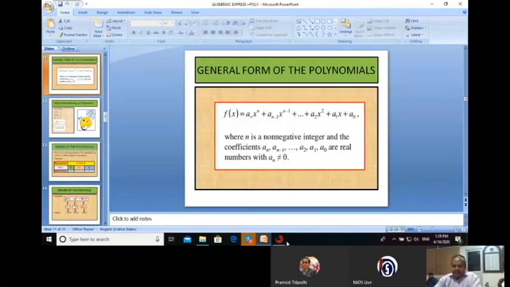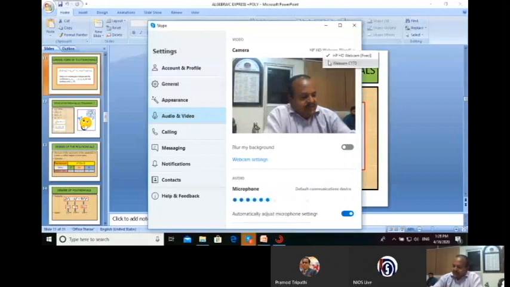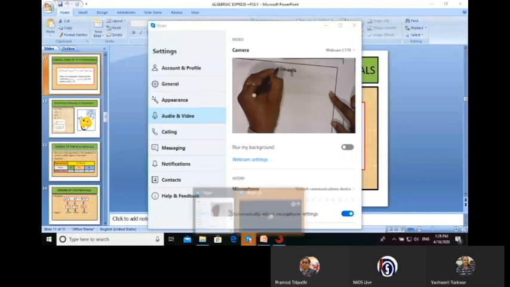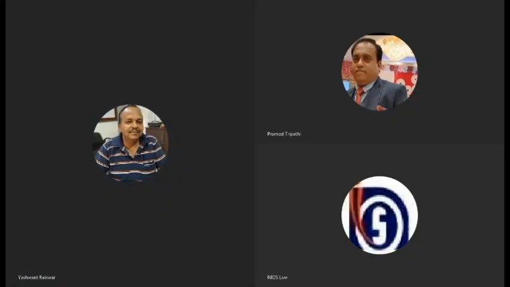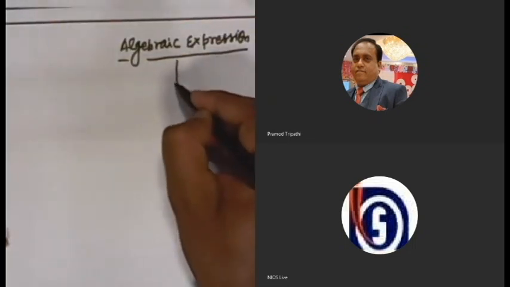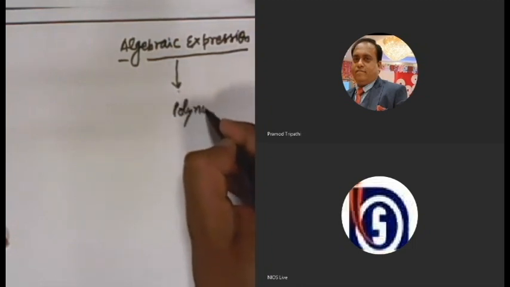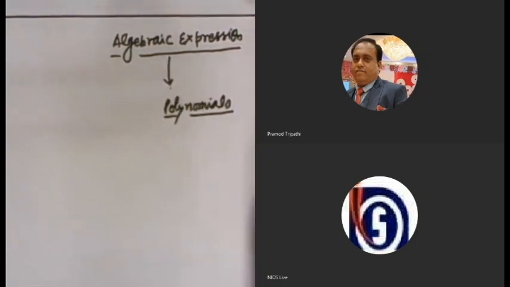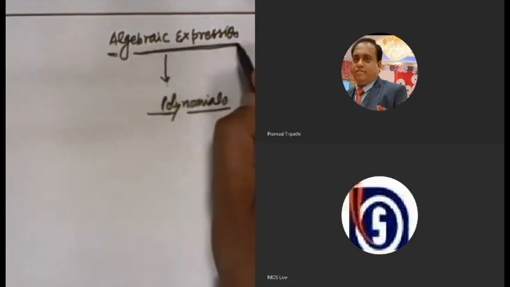So now we go to the question here, the difference. Now we see one question is, what is the difference between the algebraic expression and polynomial here?